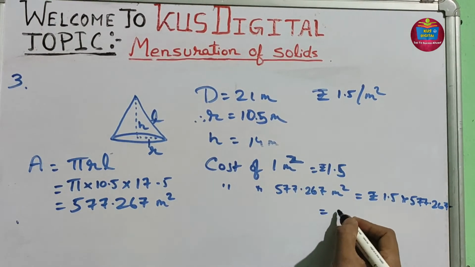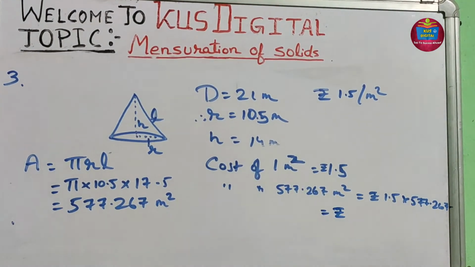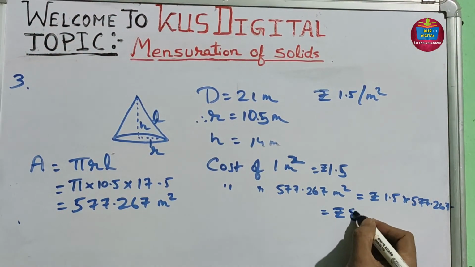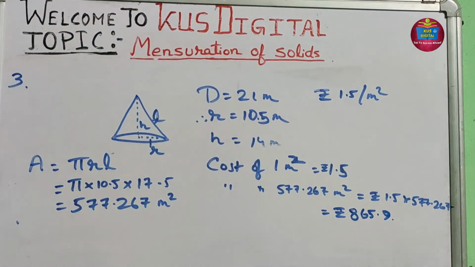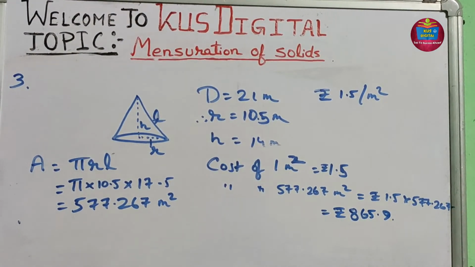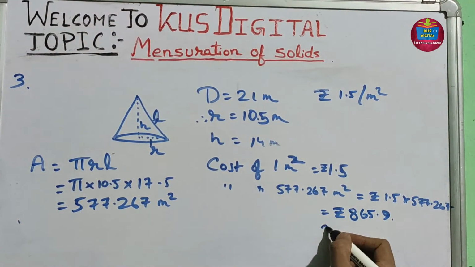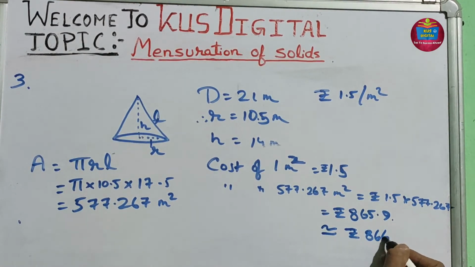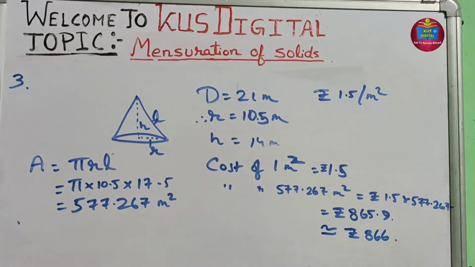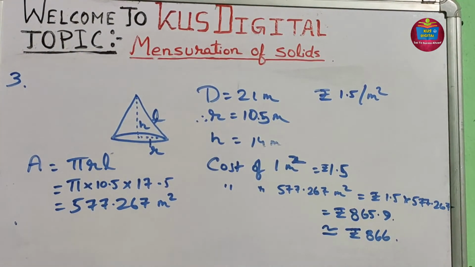So if we multiply this, it is 865.9. Okay, that means approximately it is rupees 866. This is the approximate sign, not equals to. Okay, so that's our answer.